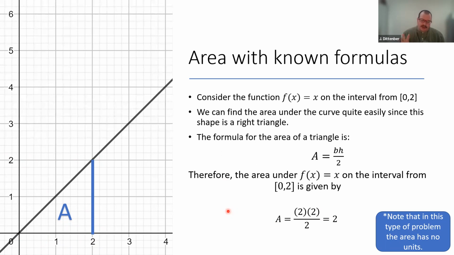Now, one thing to note here is that when we talk about area, I'm using this word rather loosely, because it turns out that we can calculate the area under a curve, and sometimes the curve is above the x-axis, which makes the value, I'll call it a sum, which we'll see that it is, positive. It makes the sum positive if it's above the x-axis, and the sum is negative if it's below the x-axis.